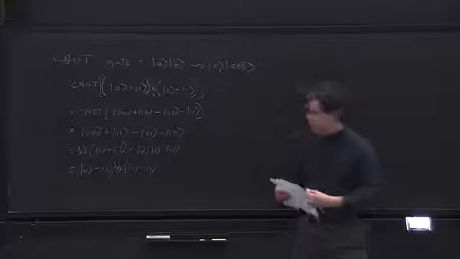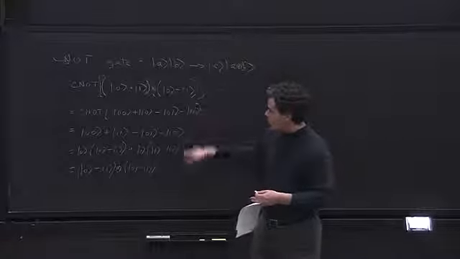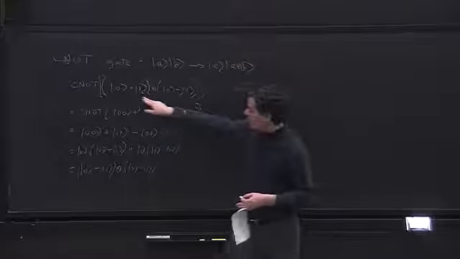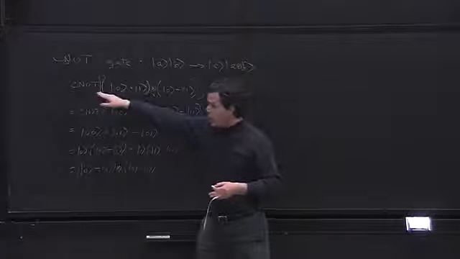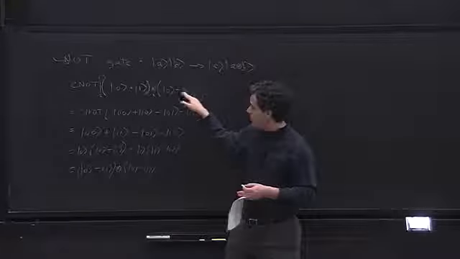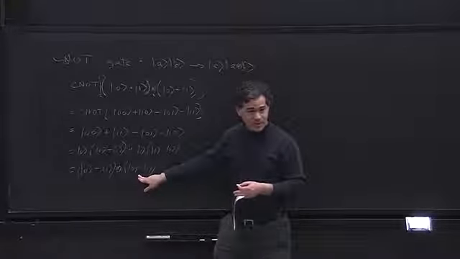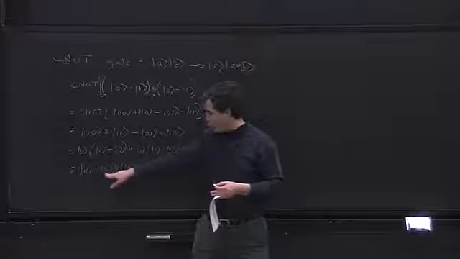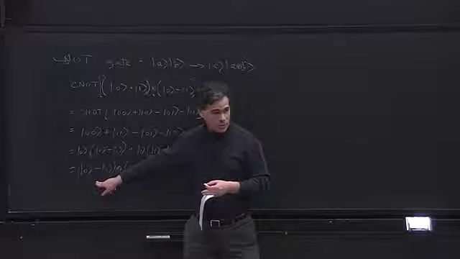Okay? So completely straightforward calculation, but what you see is that when we apply the CNOT to this pair of states, the plus minus state, it's the target qubit that stays the same, and the control qubit that gets changed to something orthogonal.